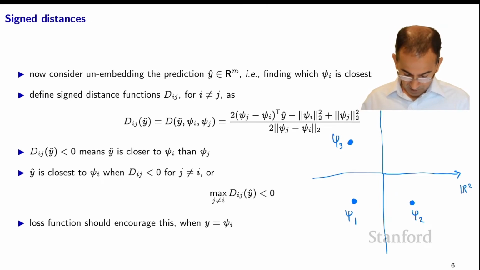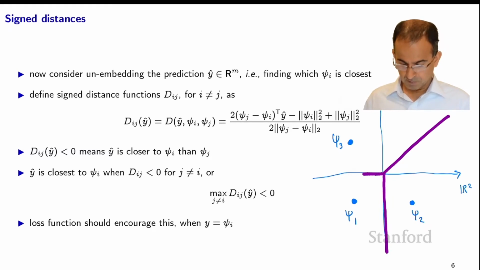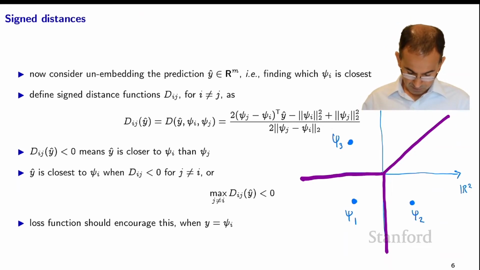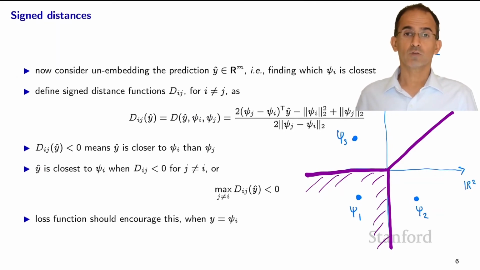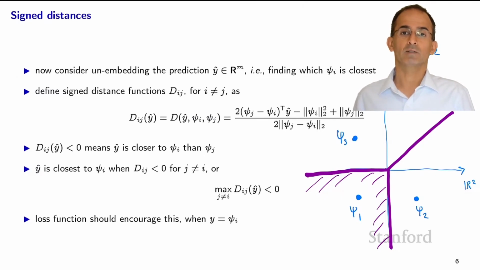So let's divide up the plane into regions, the Voronoi partition of the plane, like that. And then this region right here is the region which, if we have a y hat within that region, then it's unembedded back to psi 1, and therefore back to the target value corresponding to psi 1.